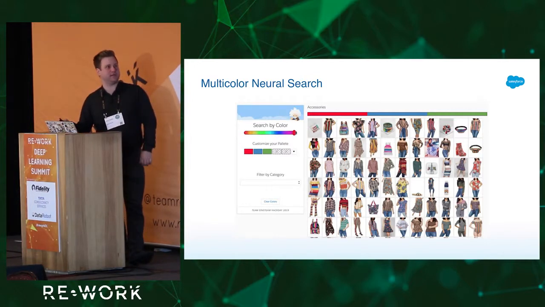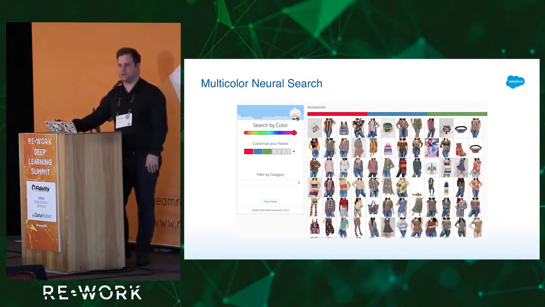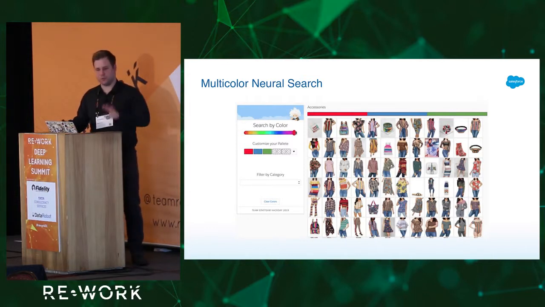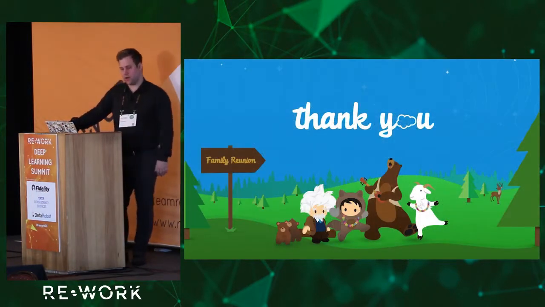And this is what it looks like. So you can search by single colors or multiple color palettes. And all of this was computed basically in a sub-column of our retrieval network, which is pretty cool. We didn't have to compute, say, color histograms. So it's just one of many applications that we have in store as we roll out the product.